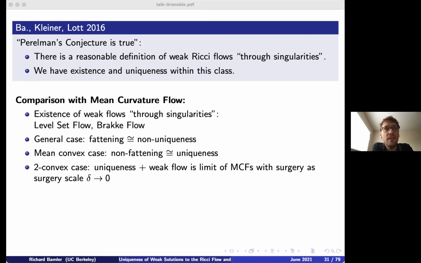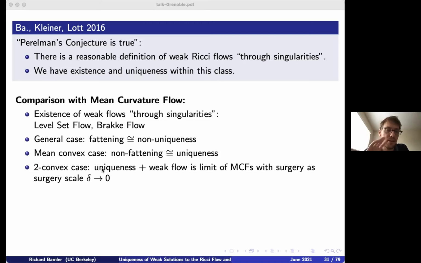We still have the uniqueness because they're mean convex, and then we can write down mean curvature flows with surgery. So basically there's a similar construction of mean curvature flow with surgery. Again, the picture would be almost the same that I've showed you before. And these weak flows, they arise as limits of mean curvature flows with surgery as the surgery scale goes to 0.